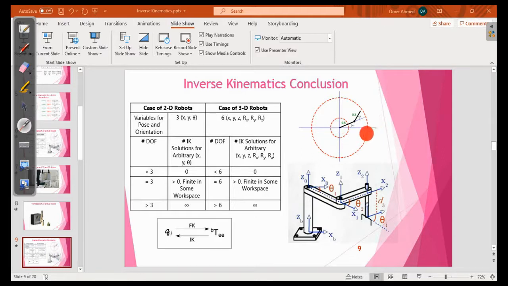Anything right on the boundary, the robot can reach in just one way, which is with the arm fully stretched out. Anything inside the circle, the robot can reach in 2 ways, elbow up and elbow down. But then there is also an inner circle. Anything on the boundary of the inner circle, the robot could reach in just one way, which is completely bent back on itself. Anything inside the inner circle, the robot cannot reach at all.